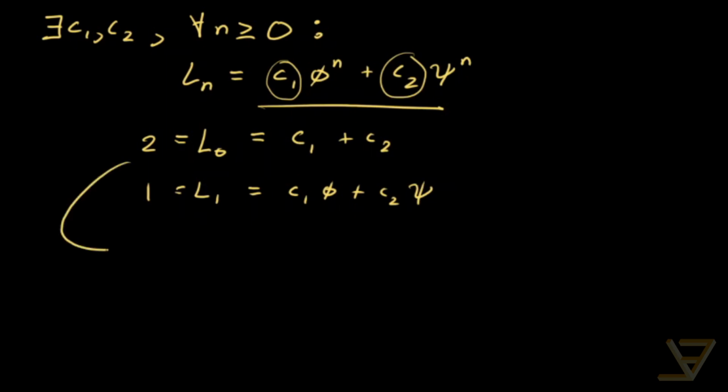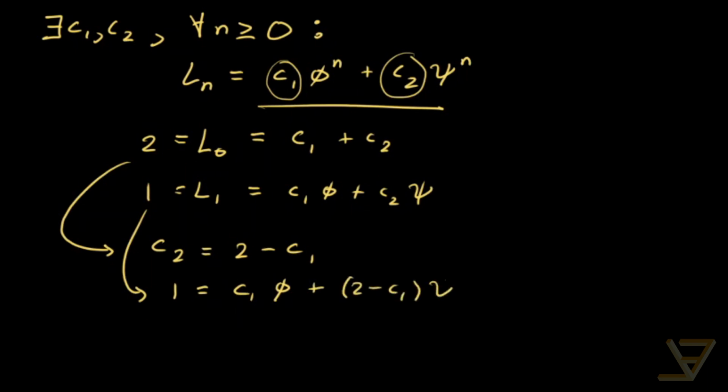What we find from the first equation is that c2 is equal to 2 minus c1. And then according to the second equation, by plugging it in, we find that 1 equals c1 phi plus (2 minus c1) c, which is equal to c1 phi minus c1 c plus 2c.